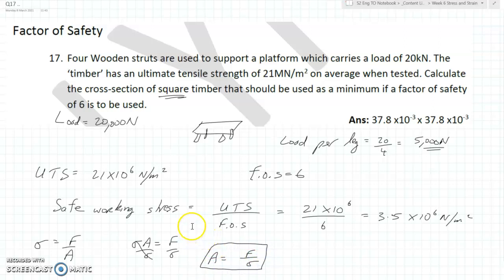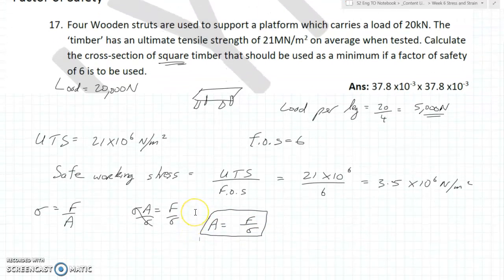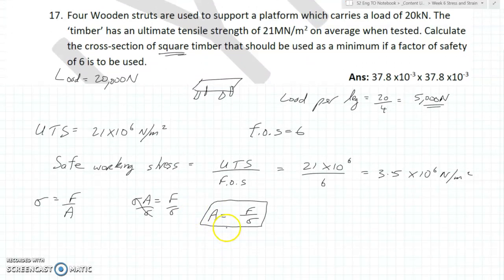Now, the load is 20,000, but with 4 legs, the load per leg we've already worked out at 5,000. So that'll be our force here. So our area will be equal to 5,000 divided by our safe working stress, sigma, 3.5 by 10 to the 6.